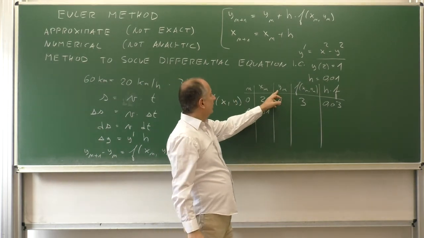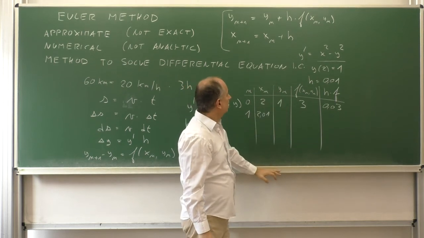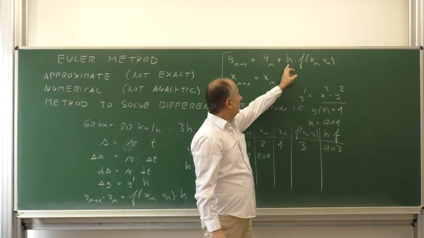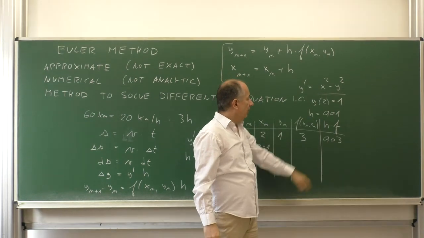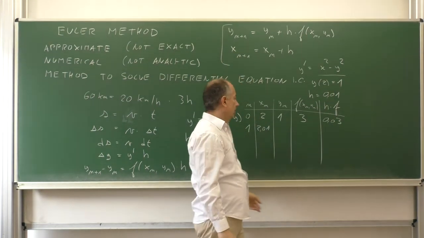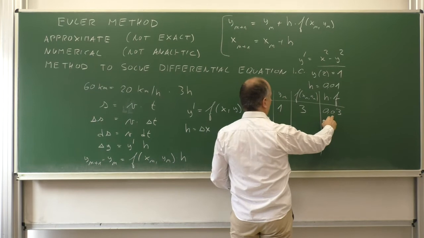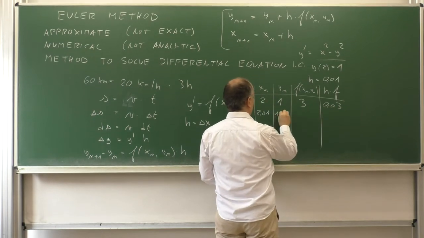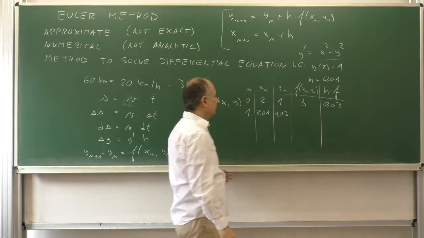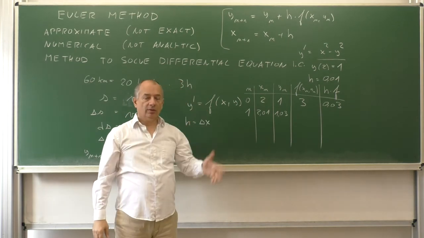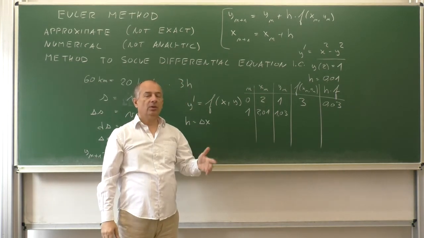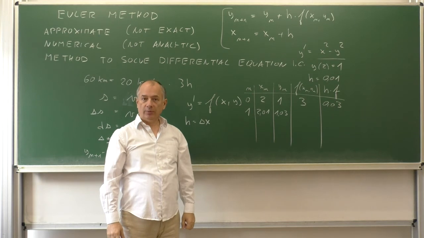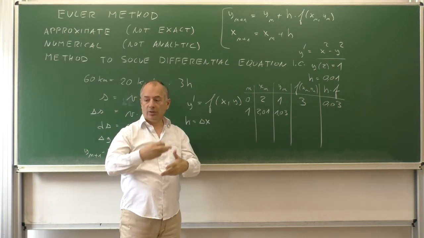And the y value will be incremented by adding h times f, which is the value in the last column. So 1 plus 0.03 is 1.03. And this finishes the first step, and we can go on.